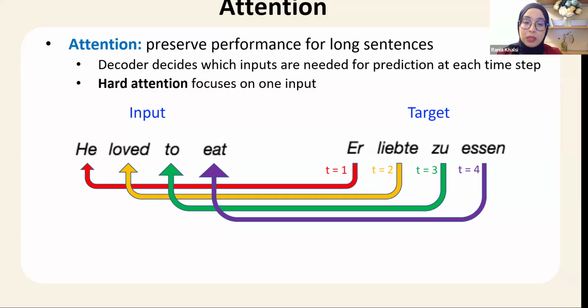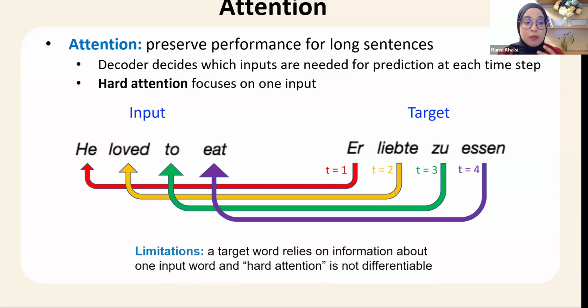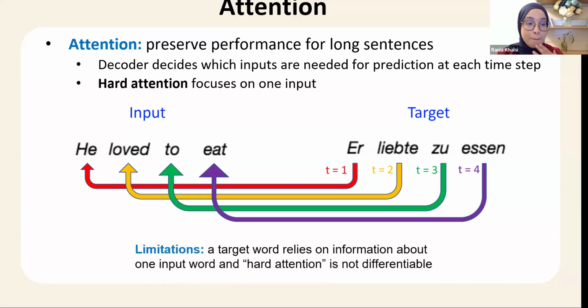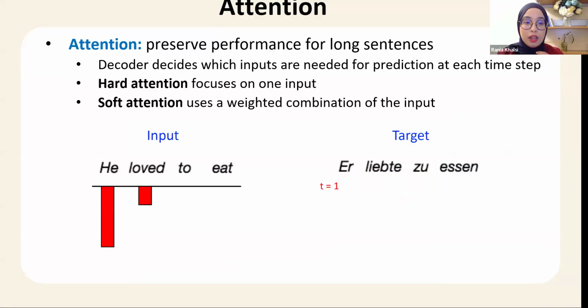Hard attention does not meet this requirement, which becomes a major drawback. So the limitations are: a target word relies on information about one input word, and hard attention is not differentiable.